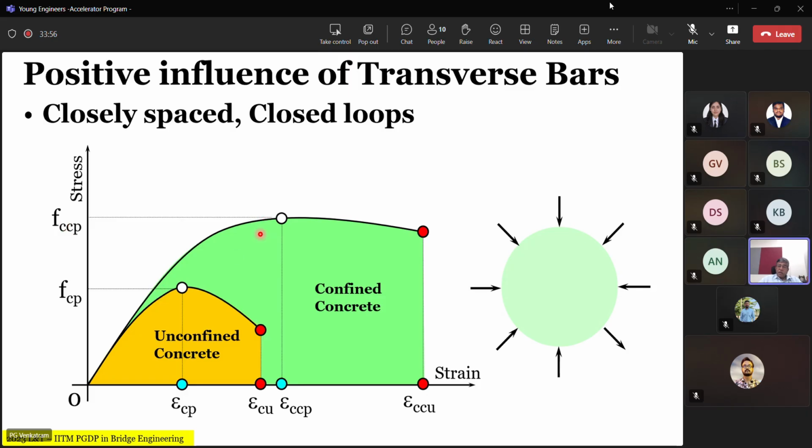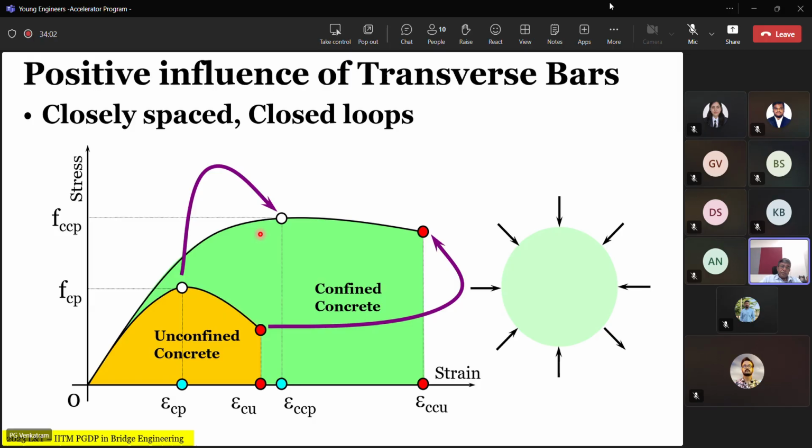All of them go up higher under the action of this. That means FCP increases to FCCP, epsilon Cu increases to epsilon CCU, and epsilon Cp also increases to epsilon CCP under the action of confinement.